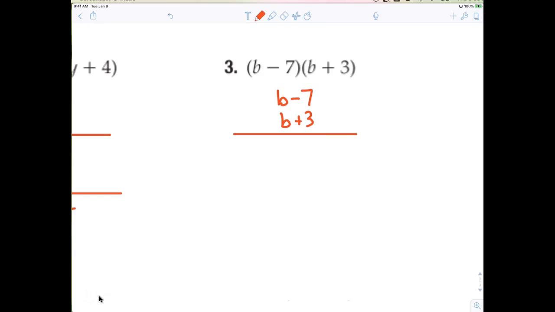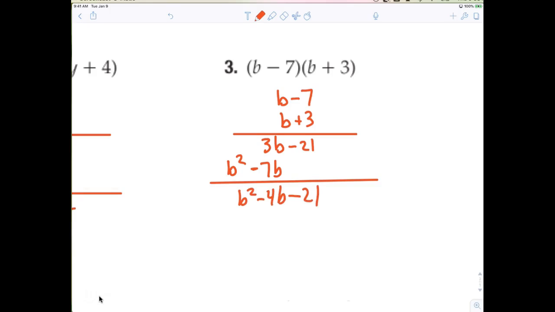All right. 3 times negative 7 is negative 21. 3 times b is 3b. b times negative 7 is negative 7b. And then b times b. You should see the pattern now. It's very simple.